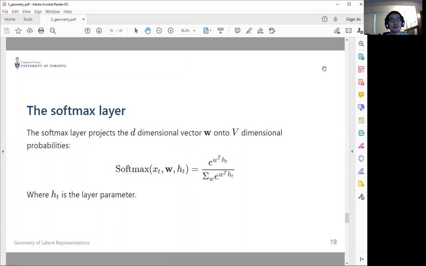So d can be between, for example, 300 to 1,000, and v, the size of the vocabulary, is for example 20,000. So this layer contains most of the parameters in the neural network.